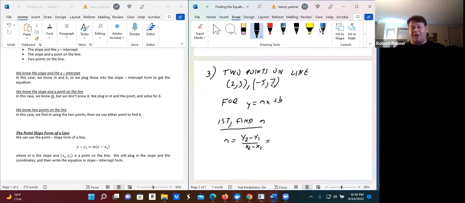So I start with this y: 7 minus 3, and I have to start with this x, -5, minus this x, which is 2. Then I simplify this. 7 minus 3 is 4 over -7, and then we just bring the negative up front. So our slope is -4/7.